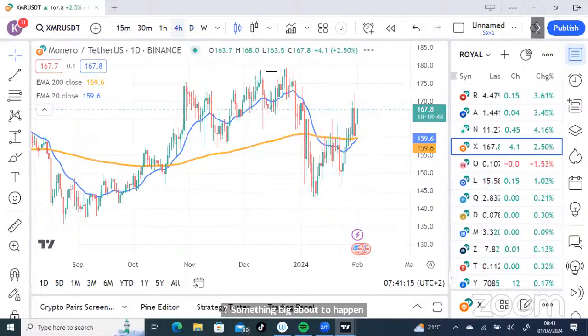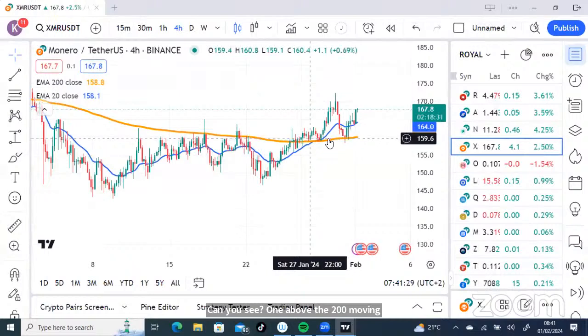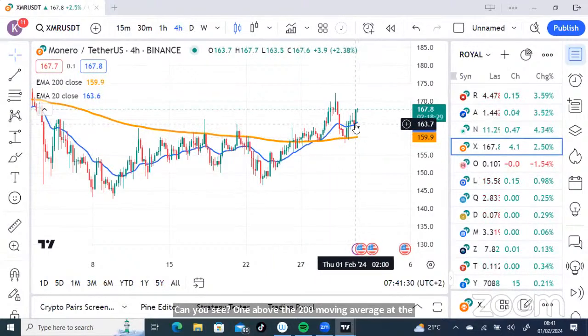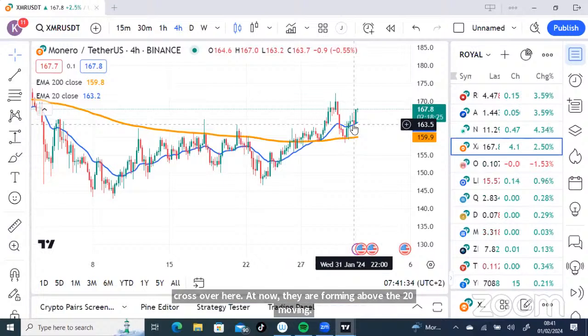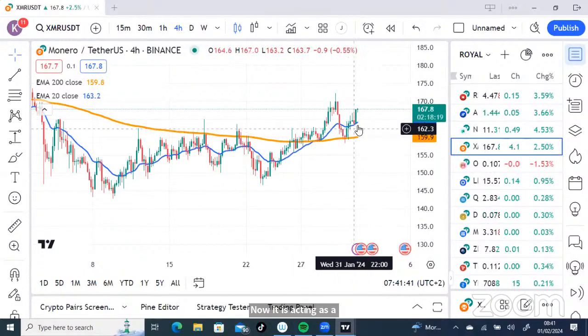So if we go to a lower time frame, like the 4-hour time frame, can you see candles have started to form, one above the 200 moving average at the crossover here, but now they are forming above the 20 moving average. So it acts as a support.